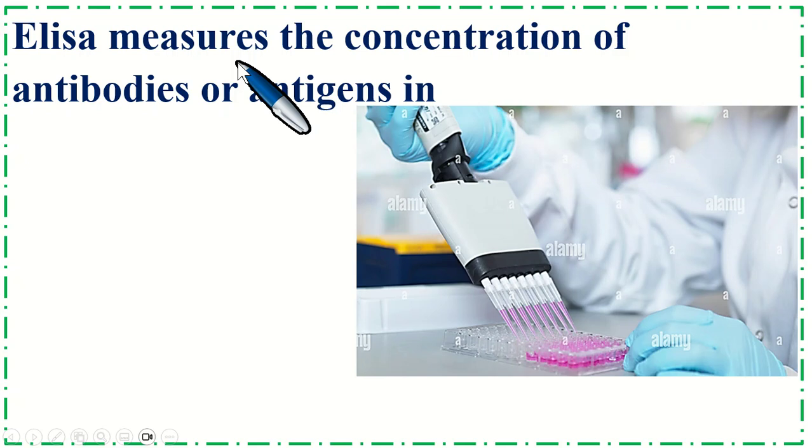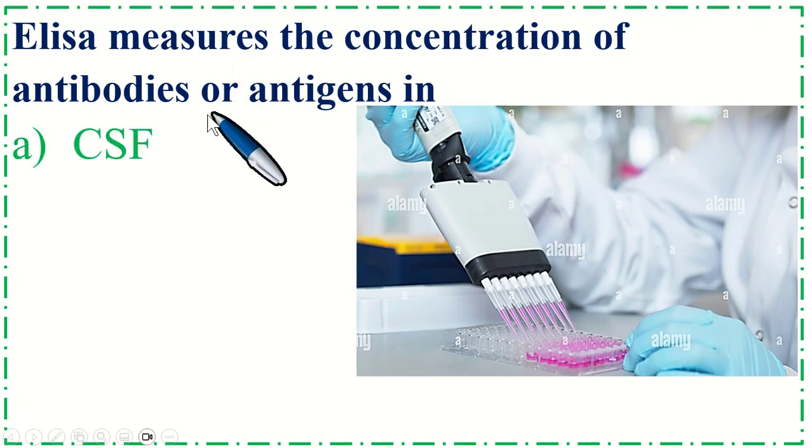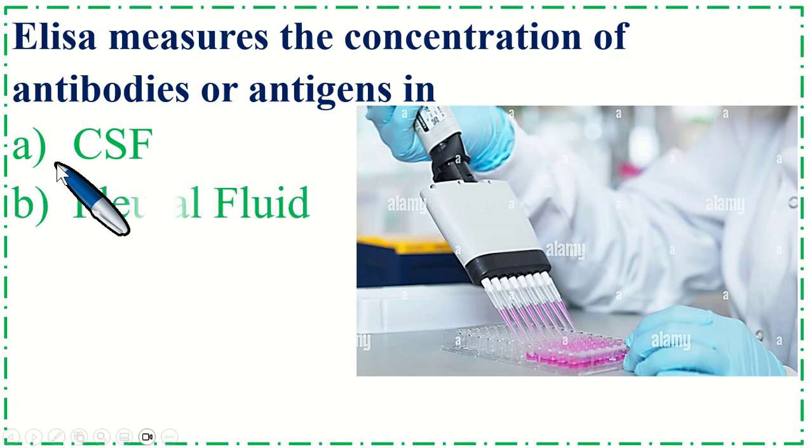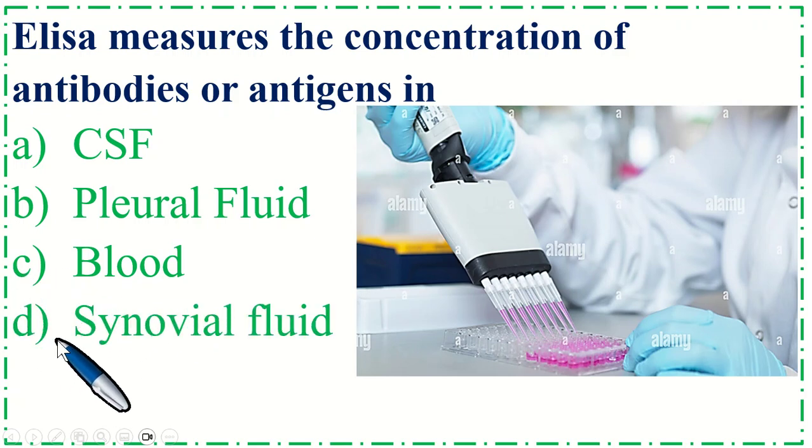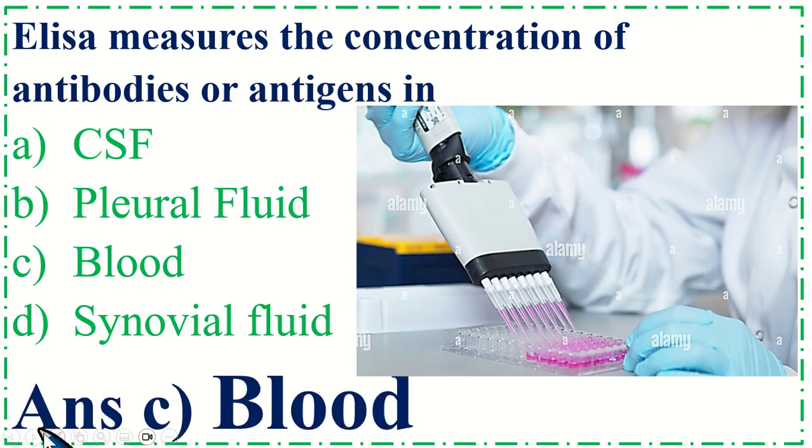ELISA measures the concentration of antibodies or antigen in option A, CSF; B, pleural fluid; option C, blood; and option D, synovial fluid. Correct option is C, blood.